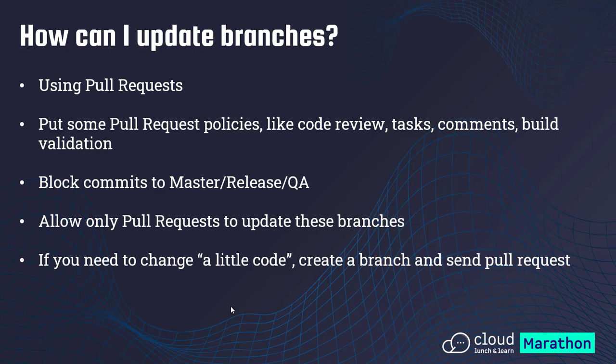Allow only pull requests to update these branches. If I need to change only a little code in master, it's small code. No. Create a branch from this branch and send a pull request. Okay? It's a rule for your team. Do not break these rules.